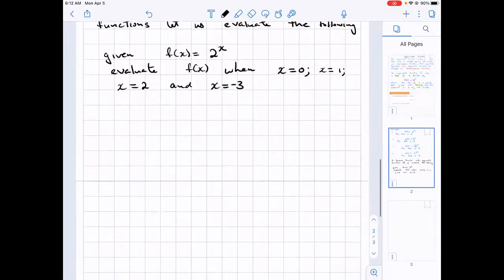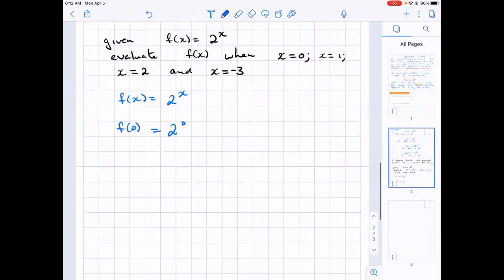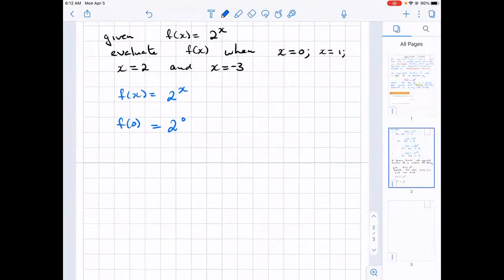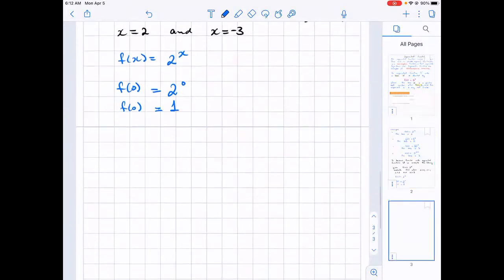So f of x is equal to 2 to the x. So f of 0 will be 2 to the 0 power, and anything to the 0 power is equal to 1. So f of 0 is 1. Keep in mind the point: x is 0, y is 1.